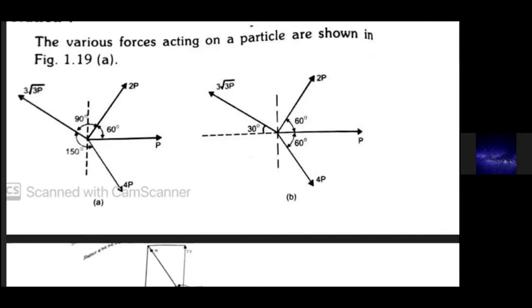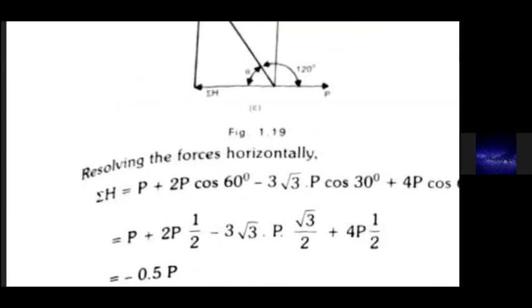The fourth force 4P makes 60 degrees with the horizontal, so its horizontal component is 4P cos 60 and its vertical component is 4P sin 60. While adding horizontal and vertical forces, we have to consider signs and directions also.